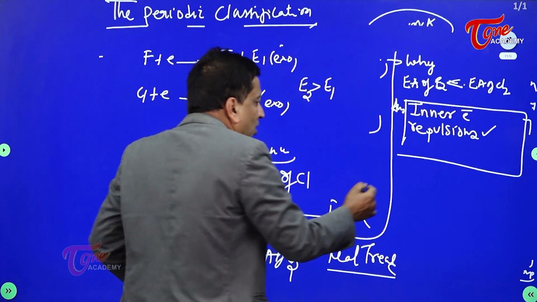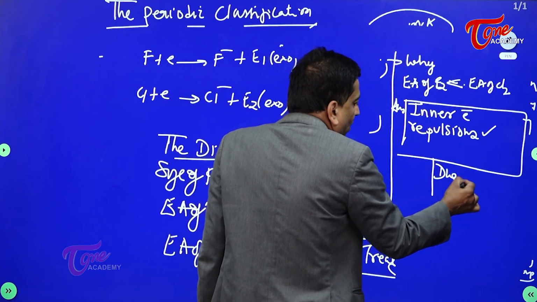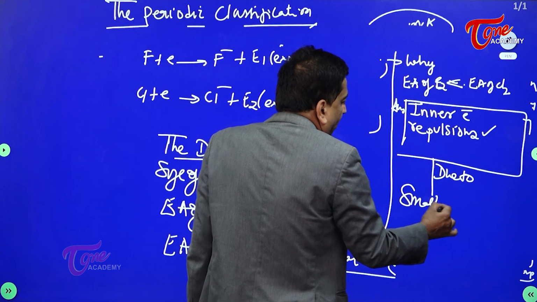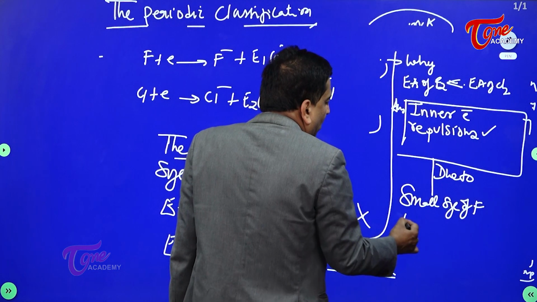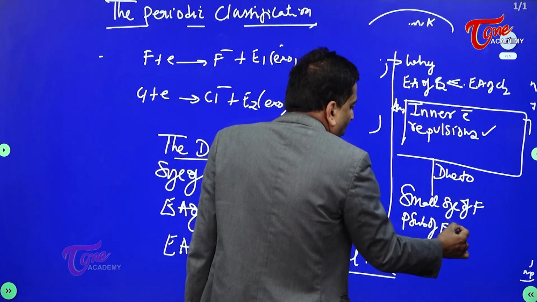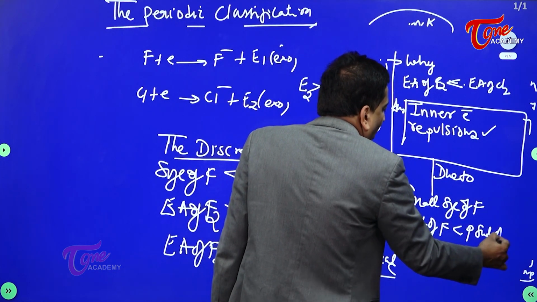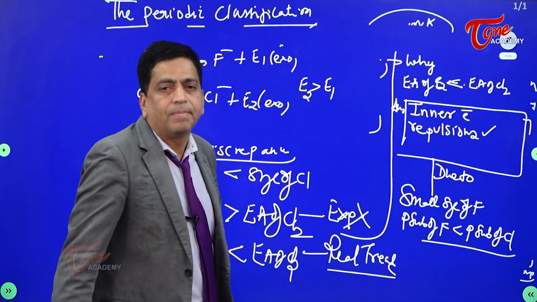And these are due to the small size of fluorine, and I can simply say the p subshell of fluorine is smaller than the p subshell of chlorine. You must understand that.